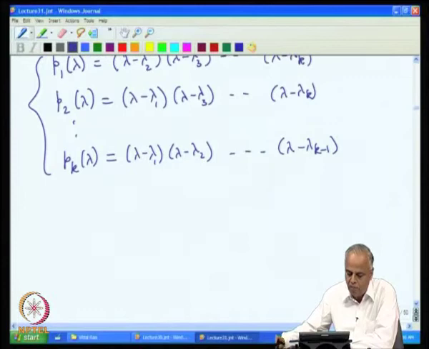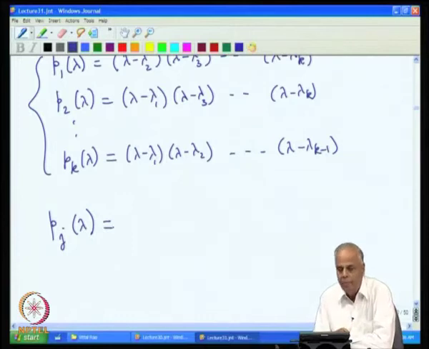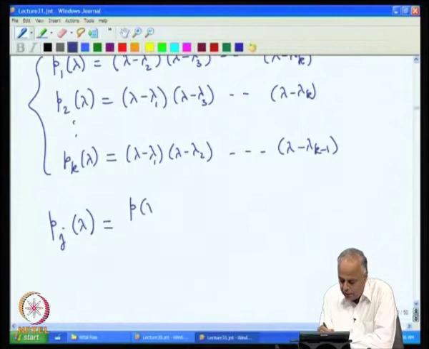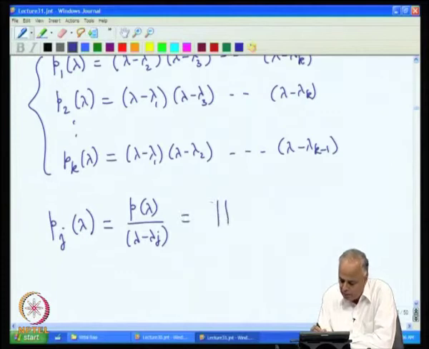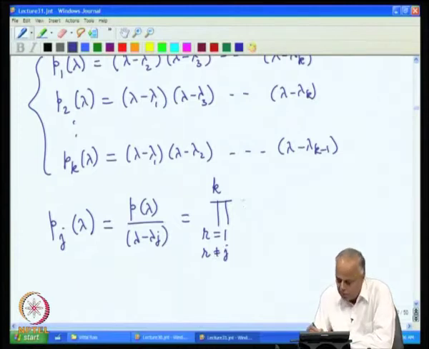So, in short form we will write p j lambda is the polynomial obtained from p lambda by removing the jth factor, that means p lambda divided by lambda minus lambda j. That factor is cancelled out. We can write this in product notation as the product over r equal to 1 to k, r not equal to j because the jth factor has been removed, of lambda minus lambda r.